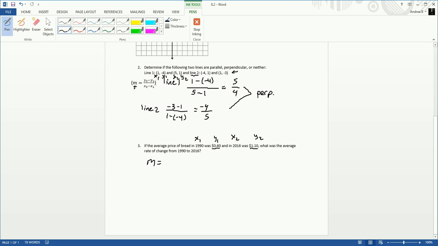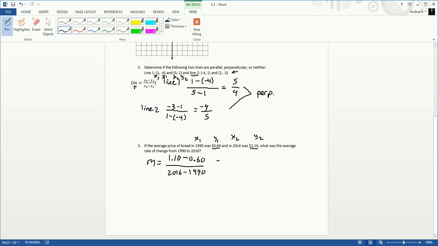And then we plug those back into the formula like we did for number 2. So we'd have the $1.10 minus the 60 cents over the 2016 minus 1990.